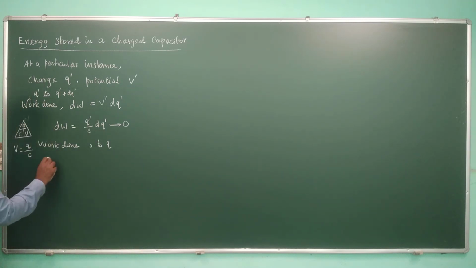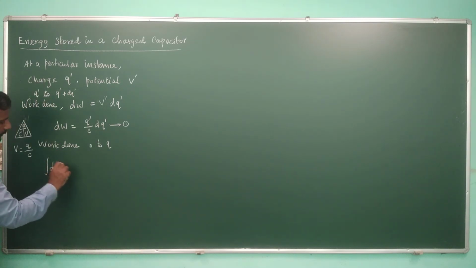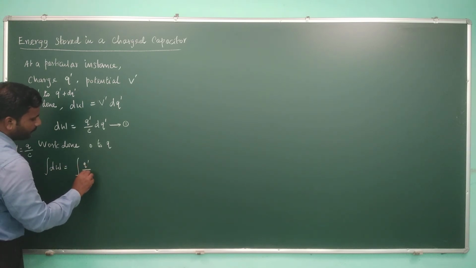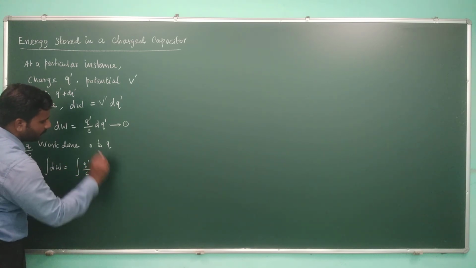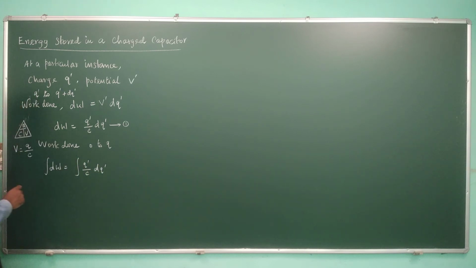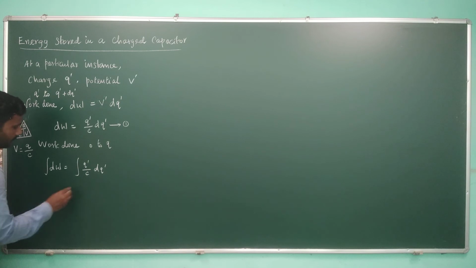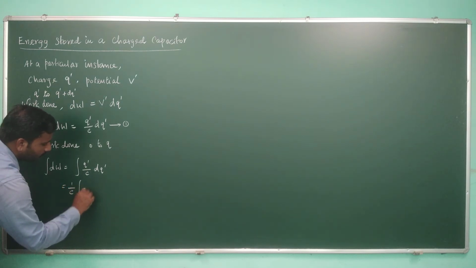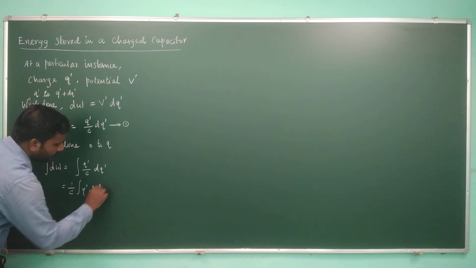For that we have to integrate this entire equation: dW is the integral of Q prime by C dq prime. C is a constant, so we can take it out: 1 by C, Q prime into dq prime.